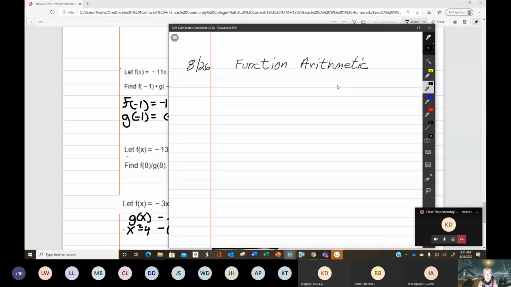Since most of the functions you're going to be dealing with in this class are polynomials, not all of them, but most of them, all we're going to be doing is dealing with polynomial addition, subtraction, multiplication, and division, and you did that in beginning algebra, okay?